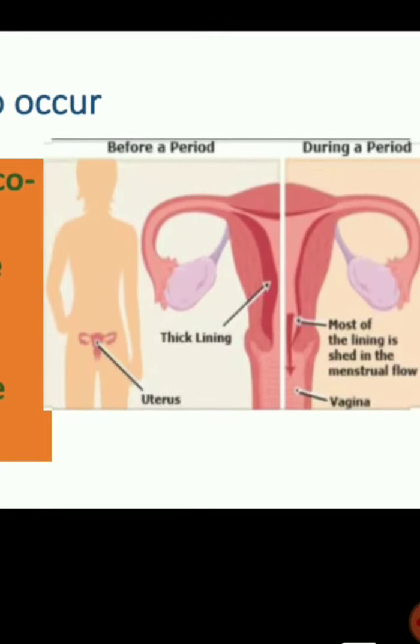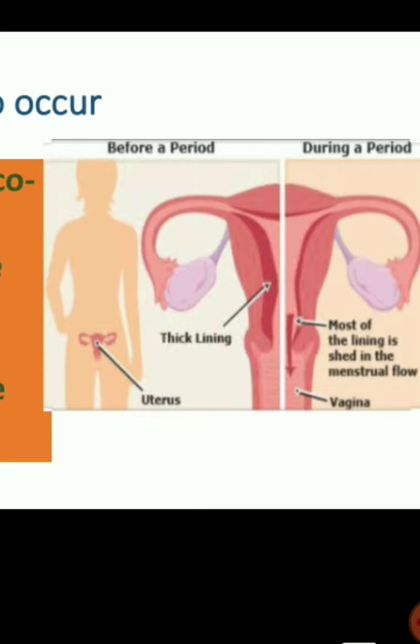Sometimes it happens that menstruation is occurring but the bleeding is not manifested. It happens in some conditions like septate uterus, or any tumor in the uterus which blocks the passage, or any pathology in the vagina. One important pathology is the imperforate hymen.